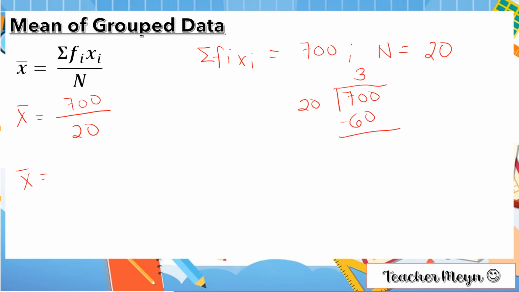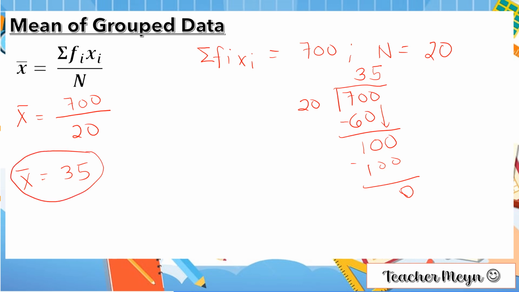Subtract 70 minus 60, we have 10, and then bring down 0. So 100 divided by 20 is 5. 5 times 20, we get 100. So the remainder now is 0. Therefore, the answer for the mean is 35.